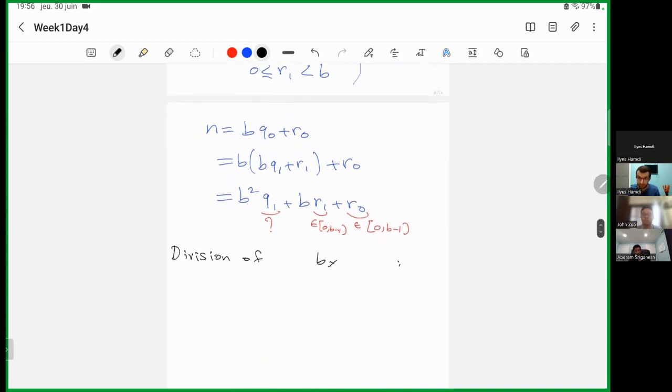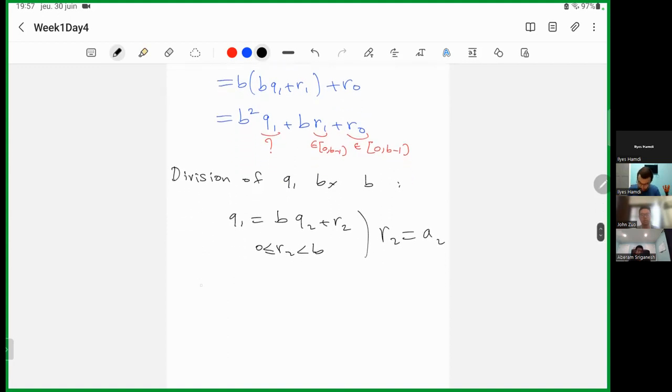What's the next step? Division of what number by what number? Yeah, Q1 by B, exactly. So if I write the division of Q1 by B, it's going to be B times Q2 plus R2. And R2 satisfies what we have said. So the guess now, R2 is equal to A2, exactly.